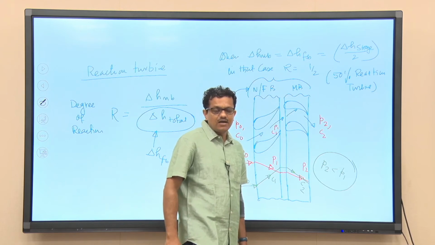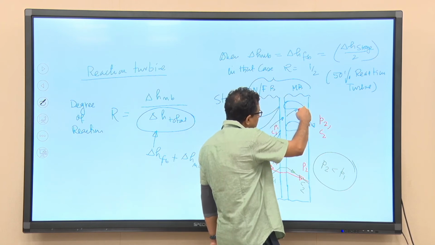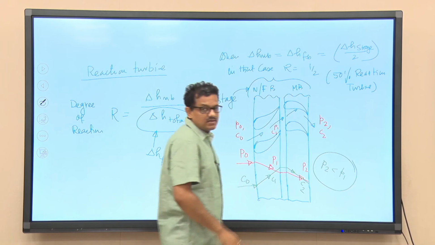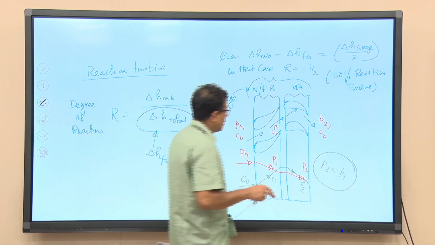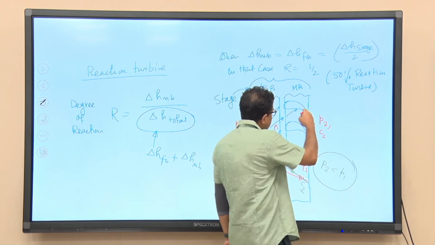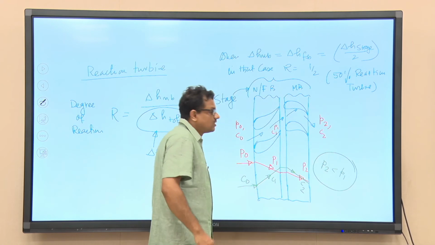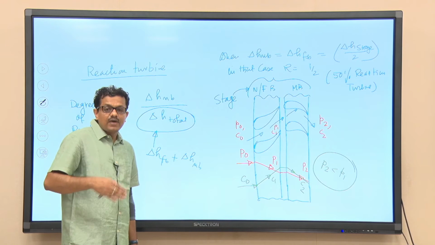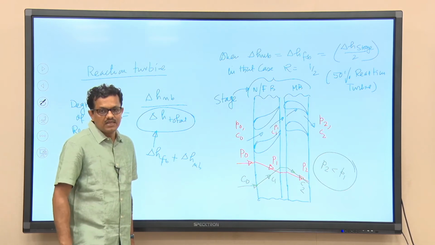On top of that, as the steam is passing through the row of moving blades, there is a little gain in kinetic energy. So, when the steam is coming out from the moving blades, a reaction force is impressed by the jets on the blades in the opposite direction, right.